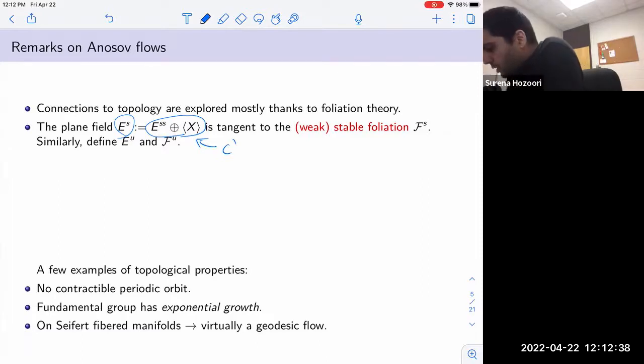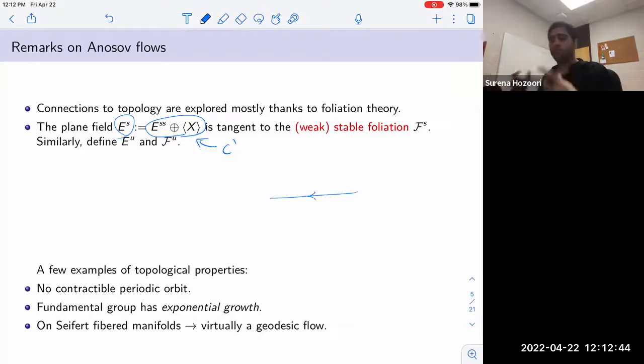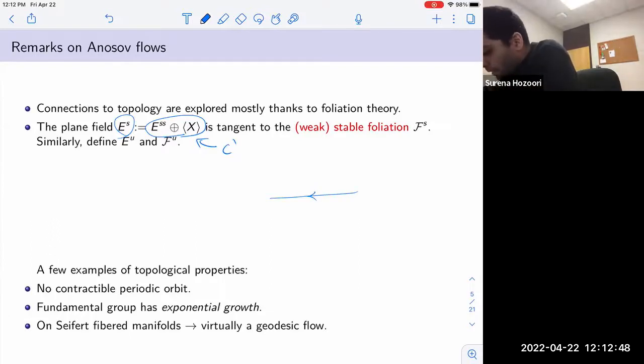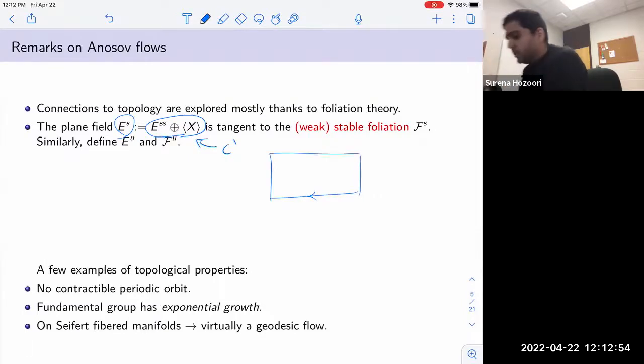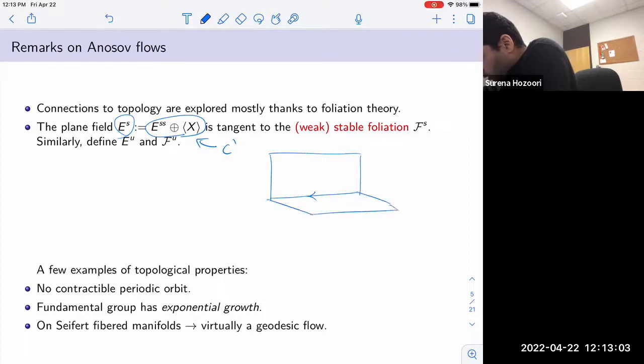If I want to draw a picture of these foliations, you can look at how they look in the neighborhood of, let's say, a small trajectory. This flow line lives in the intersection of two foliations: one of them is the stable foliation, the other one is the unstable foliation. So here's the picture.